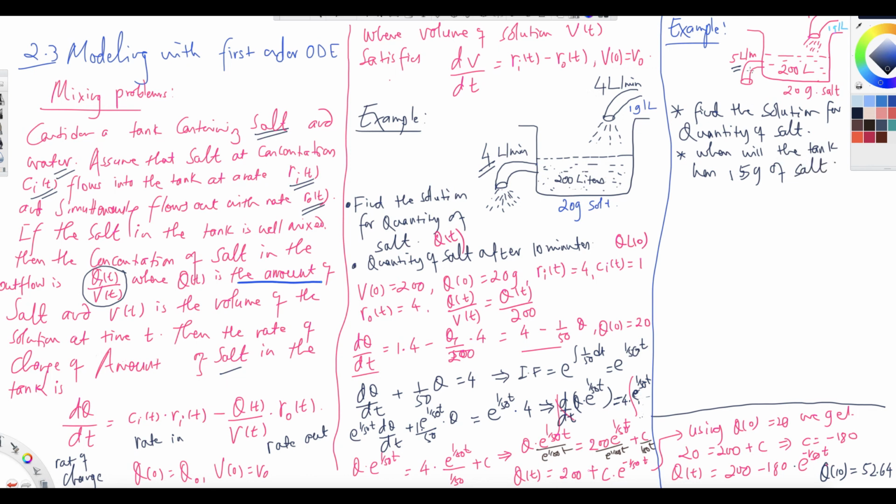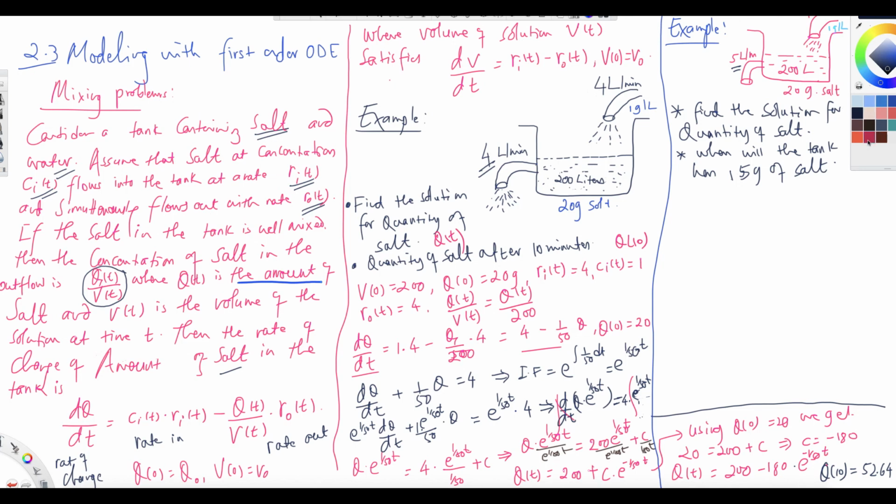So in this example almost everything is the same except there is a 5 liter per minute outflow rate. So the question is: find the solution for the quantity of salt, and when will the tank have 15 grams of salt. That's what the question is, right?